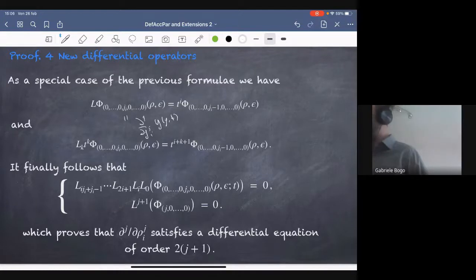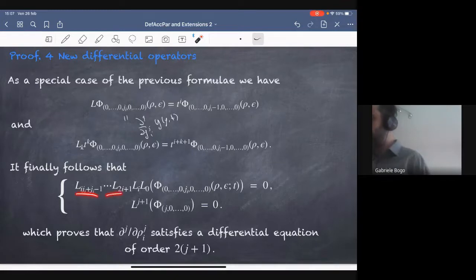When you apply L, you get this one with the index here lowered by 1 times t to the I. Then you can apply the operator of index I again, and you will get something which is lowering again the index but multiplying by a higher power. So combining the action of all the operators we defined before, in a finite number of steps we will be able to reach this function here, which is precisely the function we're interested in.